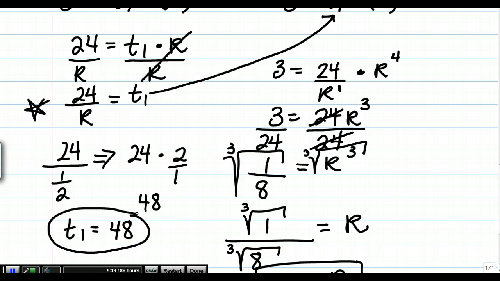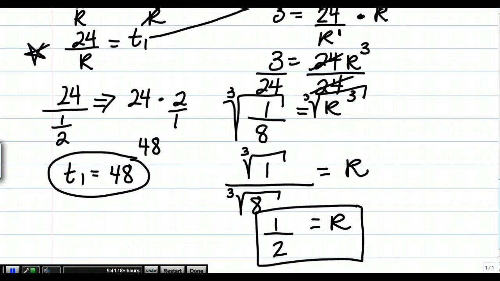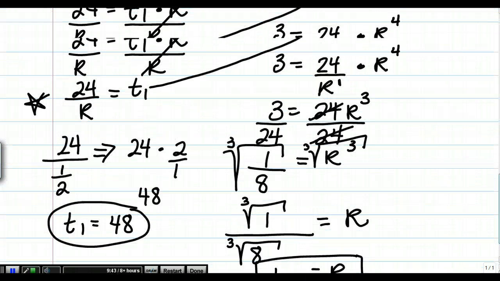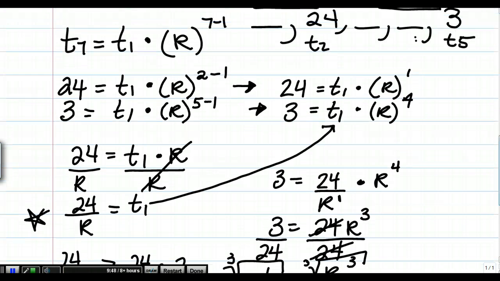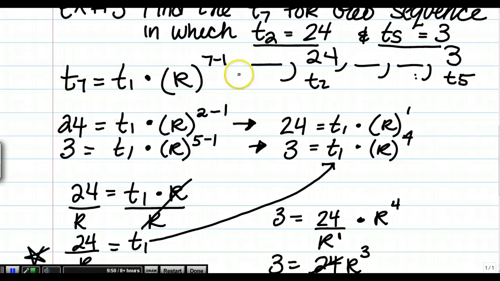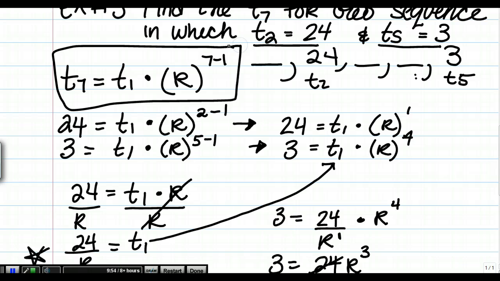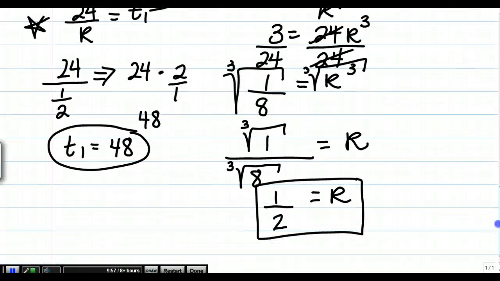So now you have your first term, and you have your R. Then you can plug that back into what we were trying to figure out up here when we started. Okay, this guy right here. So let's go ahead and use our equation and plug in everything we know so that we can answer the question, which was to find the seventh term.